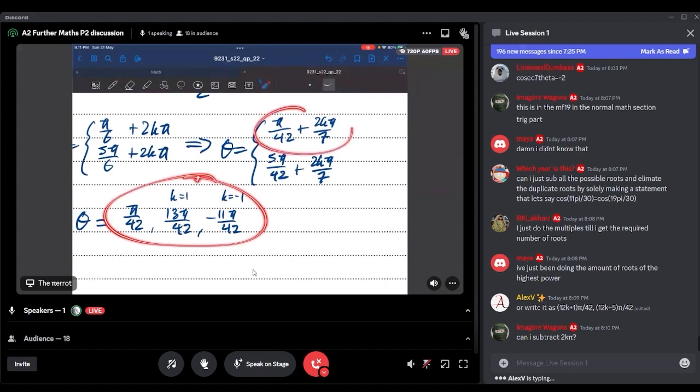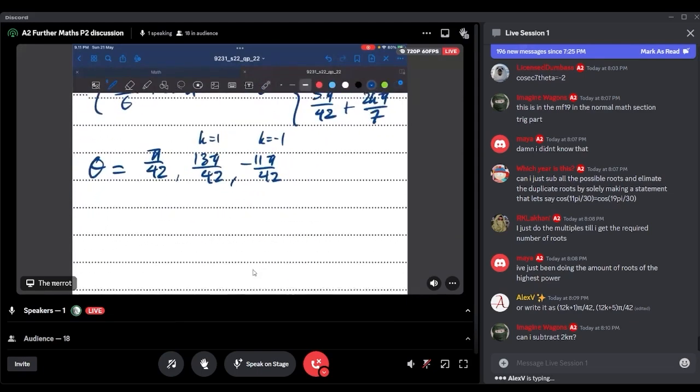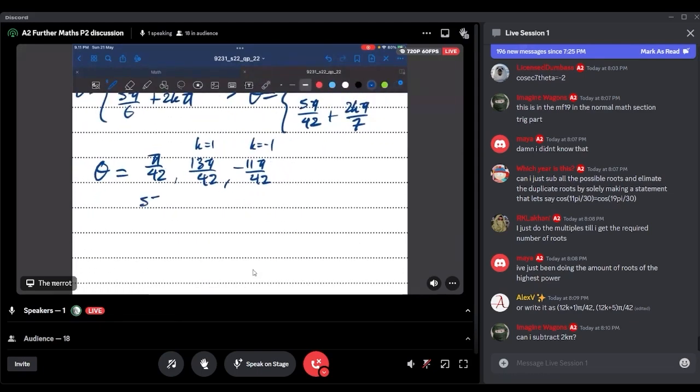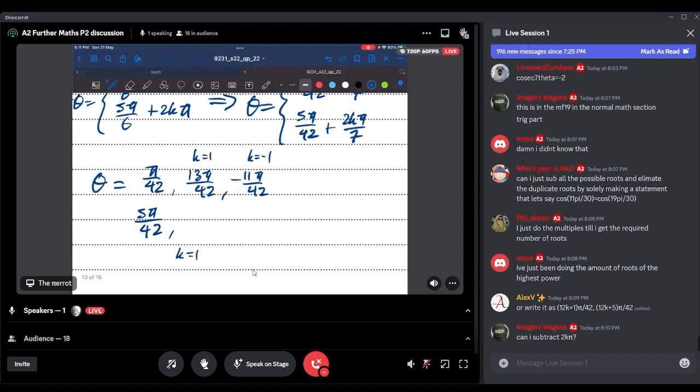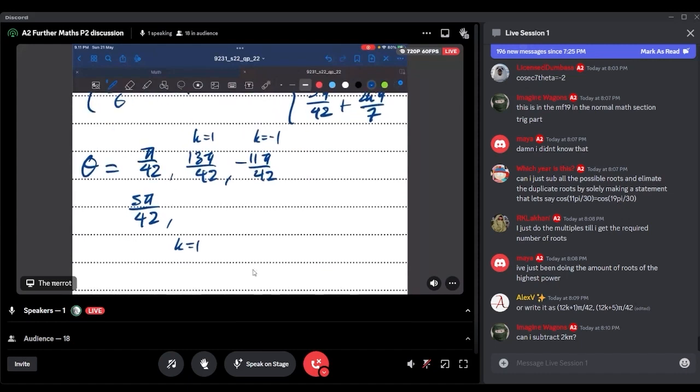Now let's move on to the second version. Surely 5 pi by 42 is a solution. When k is equal to 1, let's find out. You get 17 over 42 pi. When k is 2, you get 29 over 42. You already crossed it, so reject.